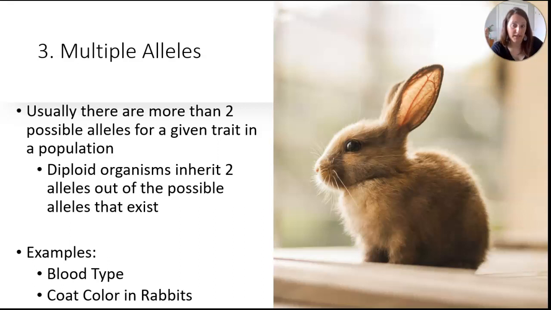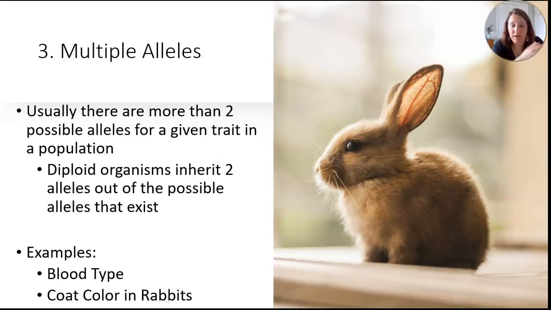When we got to blood type, we said actually there's 3 alleles for blood type. There's IA, IB, and little i. So that's already one example of multiple alleles that we've seen. And that holds true for many traits. Usually there will be more than 2 potential alleles for a given trait that exists in a population.